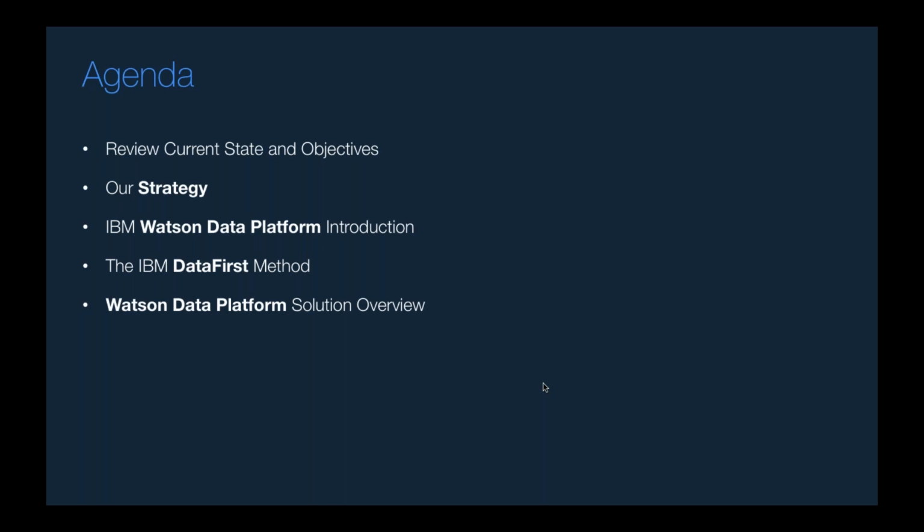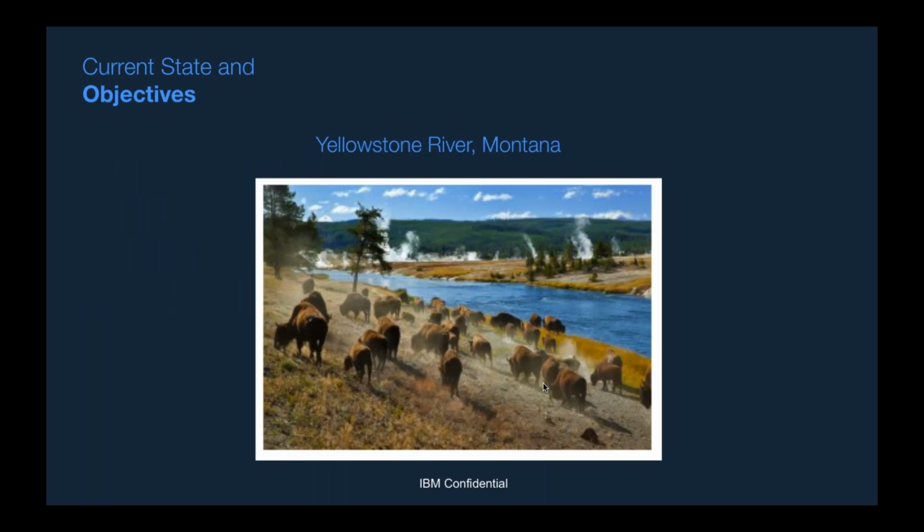We'll get into the data first method, just a couple slides on that to explain how we can help our clients understand and really dive into their challenges and work through a solution. And then again, at the end, we'll walk through a high-level demonstration, show you some of the things that we worked on.